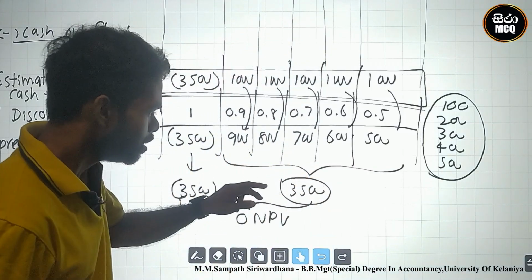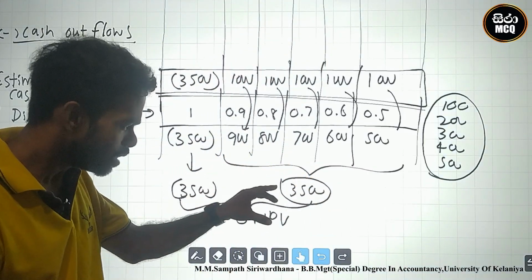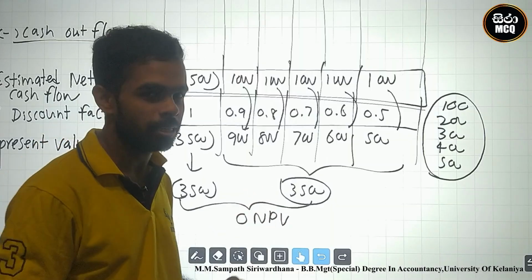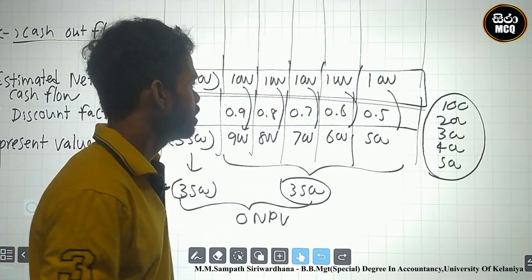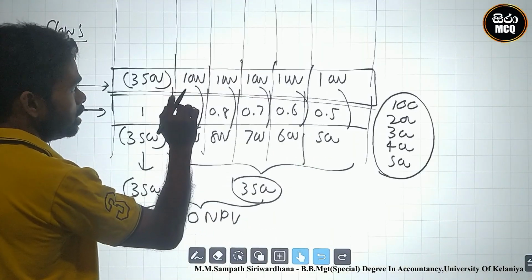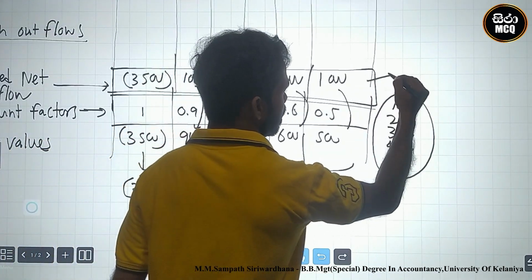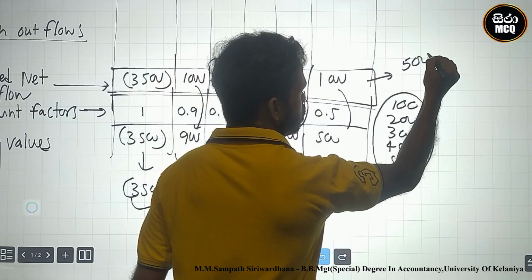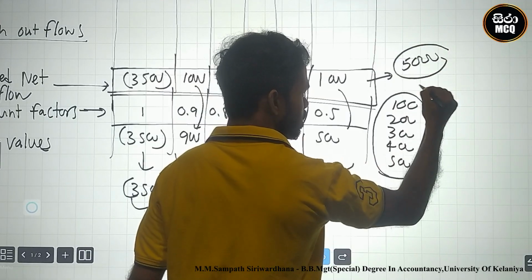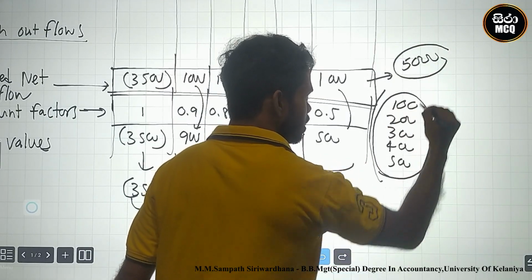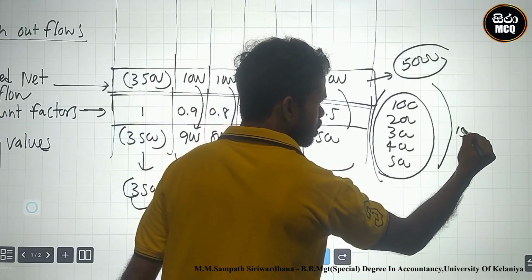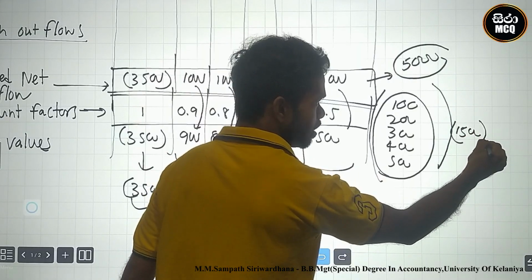Why? He displays to you the present value of the toffee, 3500. Why? Look here, there is cash of 1000, there are 5000 rupees of inflows, but these are the deduction. 1500 was totally deducted.